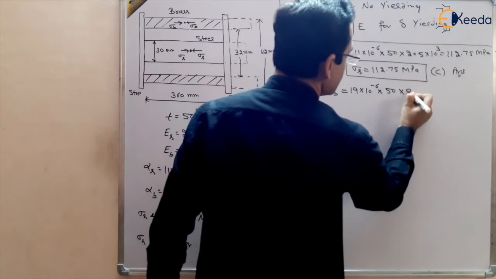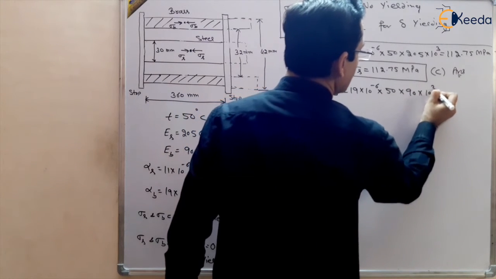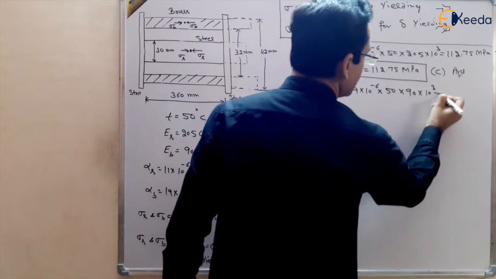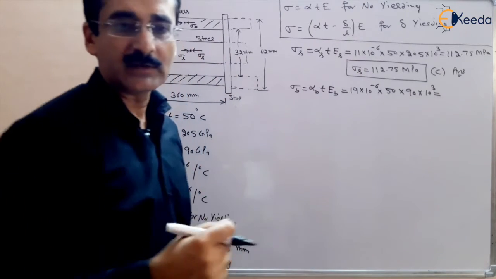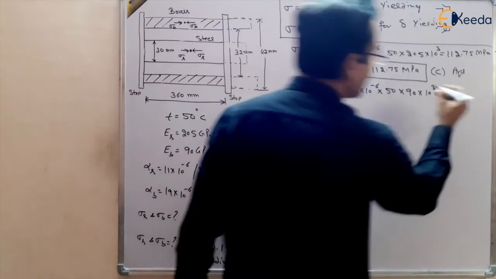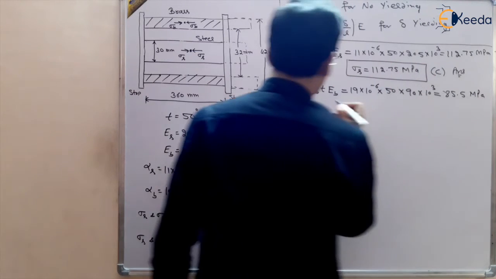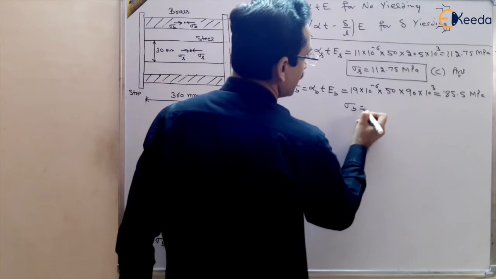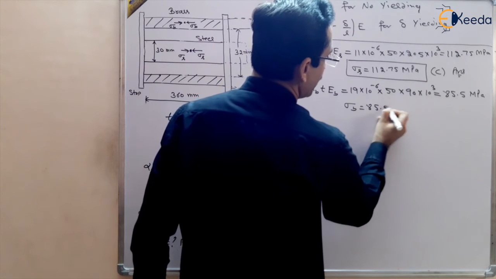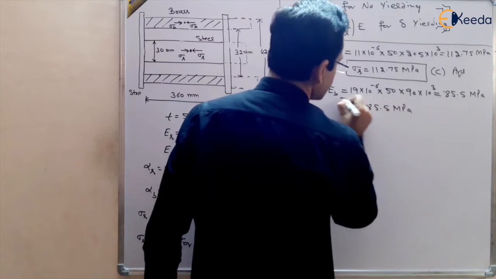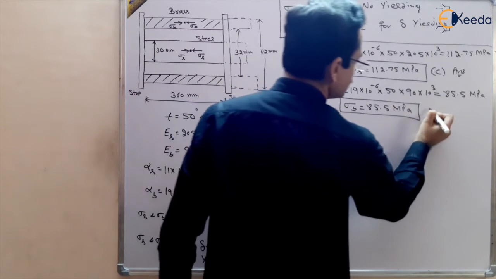Make it megapascal by multiplying by 10 to the power 3, and you will get the stress in brass as 85.5 megapascal.